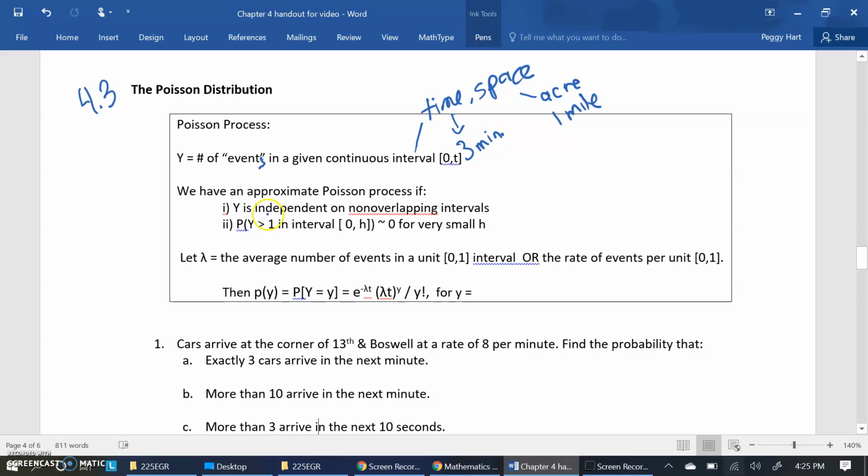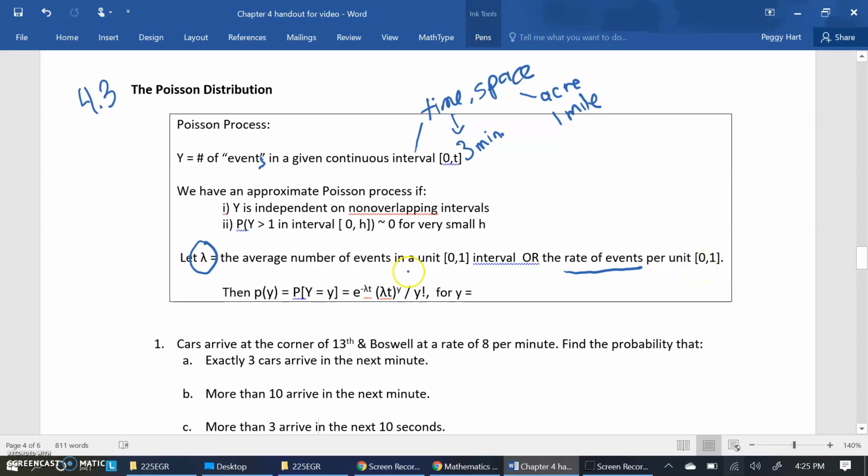What we have to have is that the number of events are independent in non-overlapping intervals, and that the probability of having more than one in a really small interval has to be 0, okay? But what we need to know for this is we need to know the average number of events in a unit interval, or they also call it the rate of events per unit.